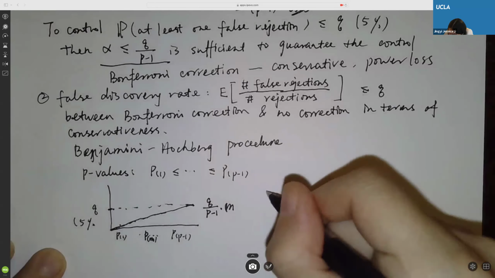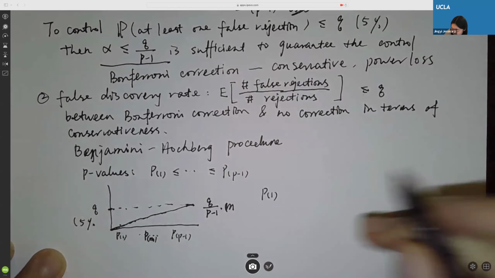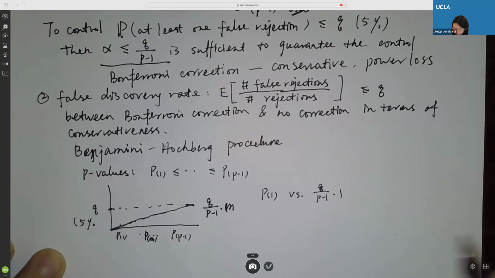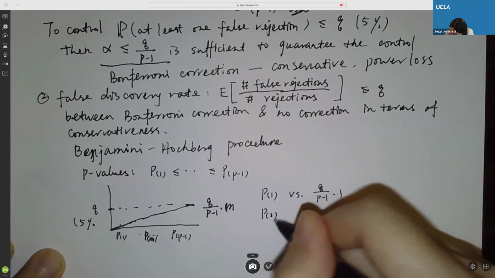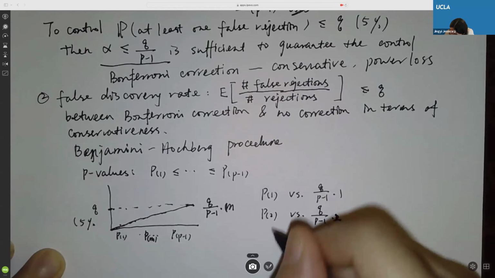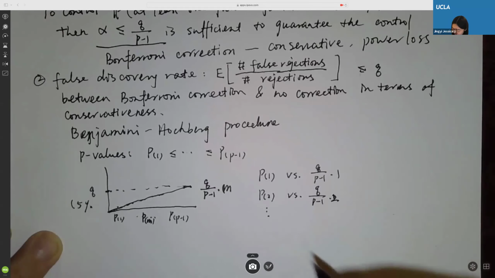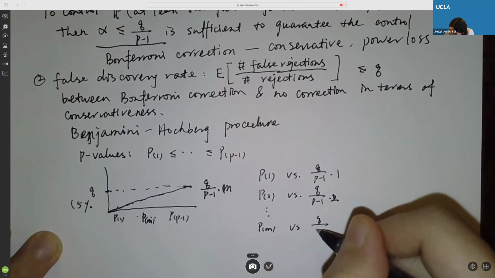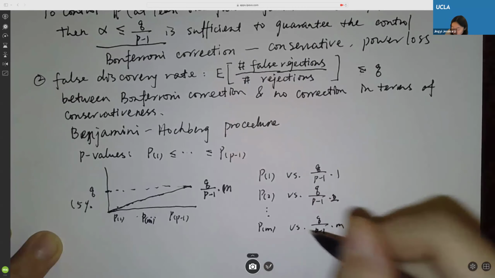We compare the smallest p-value versus Q over P minus 1 times 1, and the second smallest p-value with Q over P minus 1 times 2. And we compare the mth p-value versus Q over P minus 1 times M, and so on.